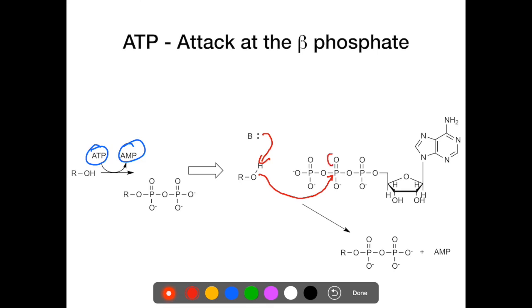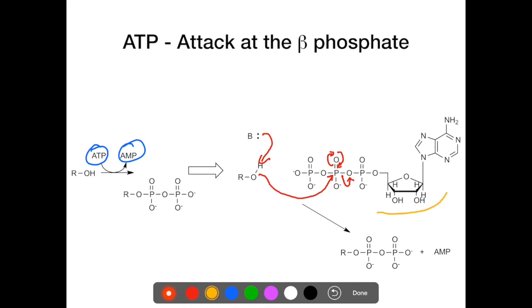And the beta will kick up, kick down, and you can conceivably go 2 ways, but most often it is this electron movement in which the AMP is what falls off, and we have 2 phosphates that are attached to the hydroxide, which is the nucleophile.